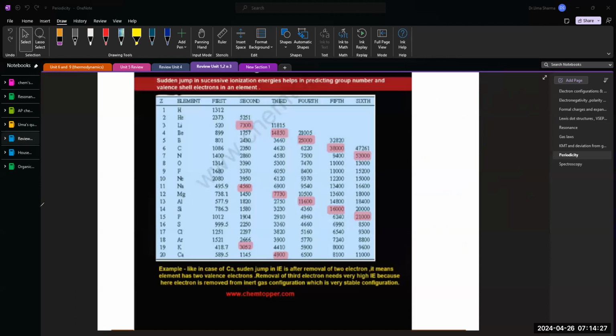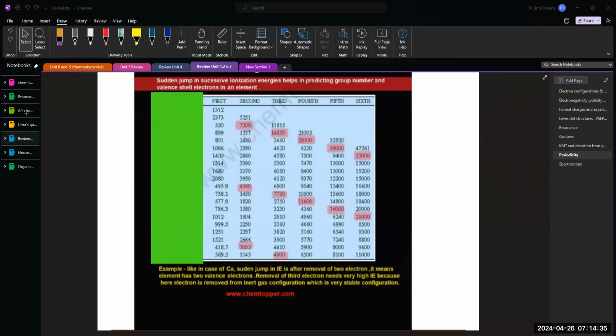Another question. Ready? So I'm going to hide these elements. If I say these are elements of period number 2, can you tell me which element this is?